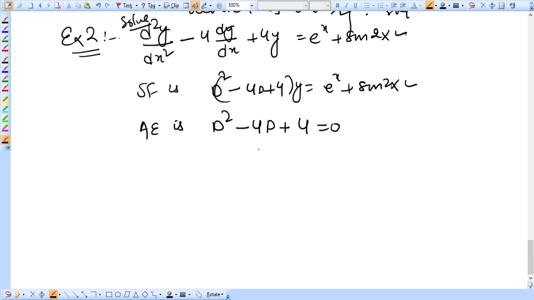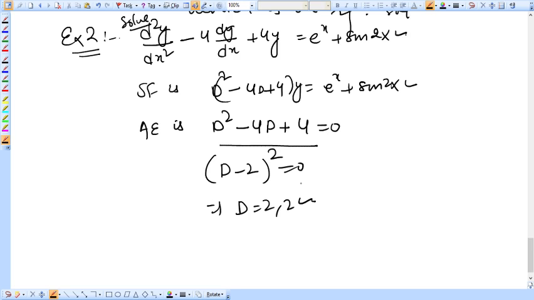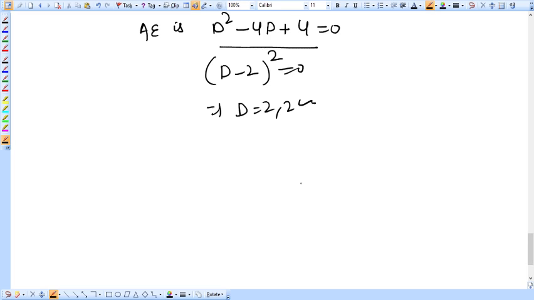Now what are the roots of this equation? This equation can be written as d minus 2 whole square equal to 0. So therefore d is equal to 2 and 2 are the two roots. So repeated roots, therefore the complementary function is c1 e raised to power 2x plus c2 x e raised to power 2x, right?